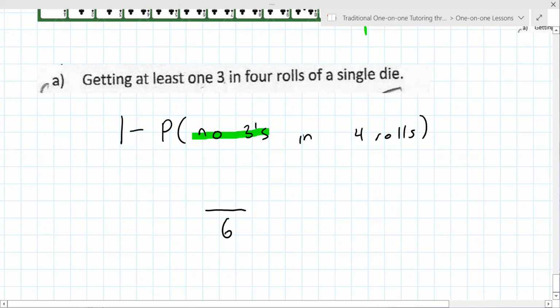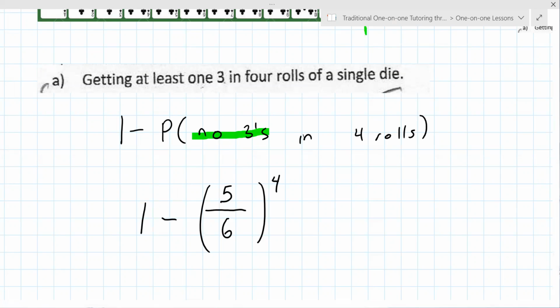By the way, sometimes tests give you a 7-sided die or an 8-sided die, so everything changes a little bit. But since you're doing it 4 times, that's where the 4 comes in. And then the 1 minus is the none, so that gives you the at least.